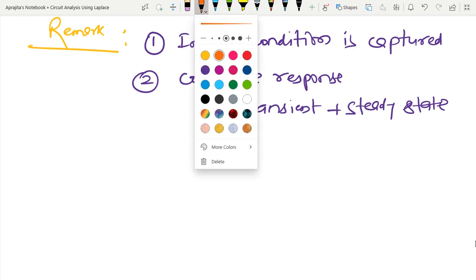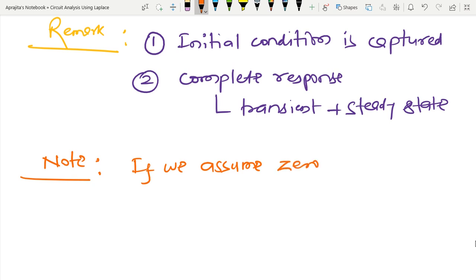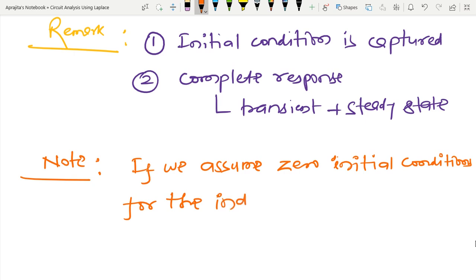So the note is like this: if we assume 0 initial conditions, so in case of a capacitor, the voltage across the capacitor is 0, and in case of an inductor, the initial current through the inductor is 0, that is the meaning of the initial condition.